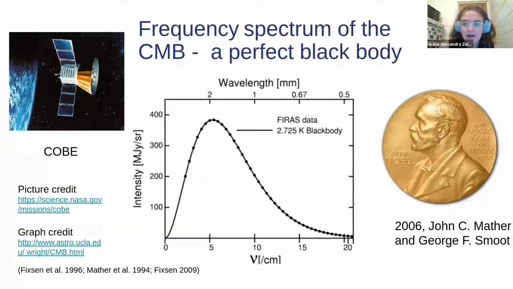For this measurement, John Mather and George Smoot were given the Nobel Prize in 2006 for their work on the COBE satellite, which included the discovery of the anisotropy of the CMB across the sky, but also the characterization of the black body form of the radiation. By the term black body radiation, they refer to the function of the emission in frequency space that the radiation takes, which the satellite showed to be this.